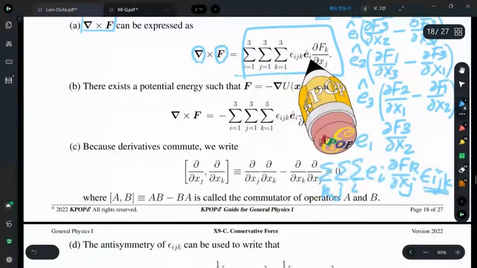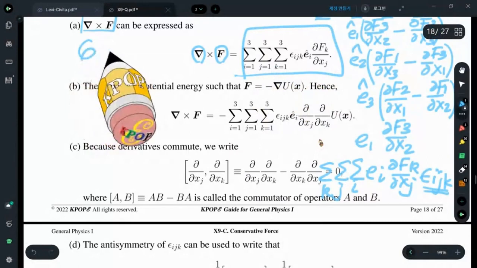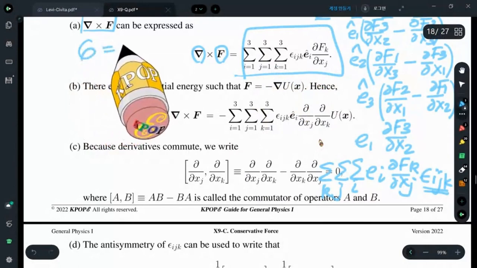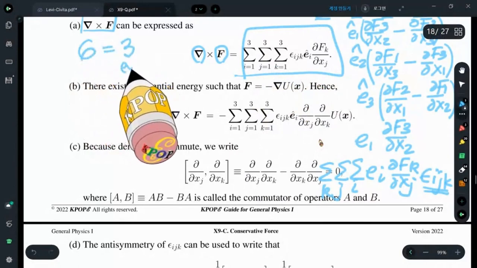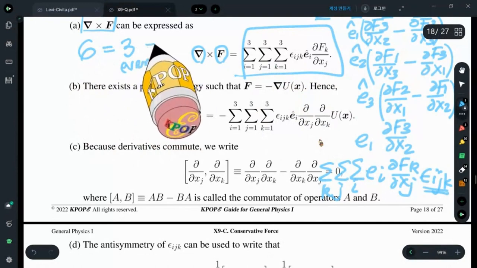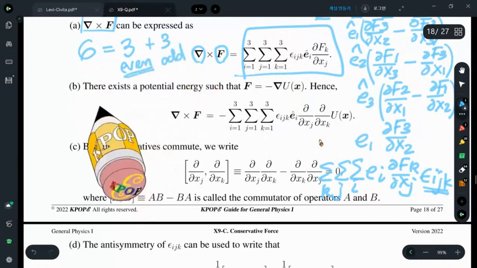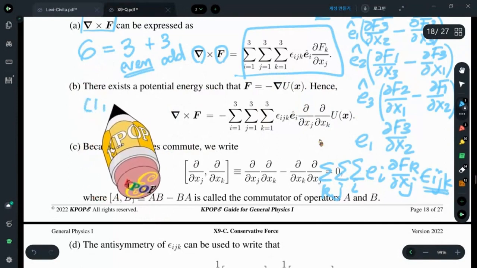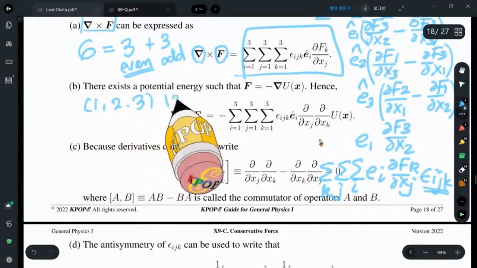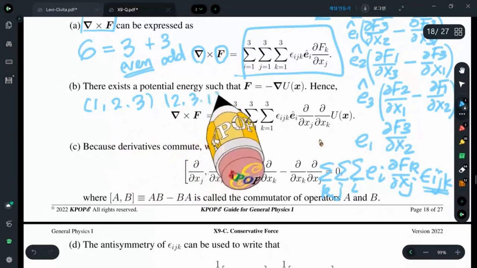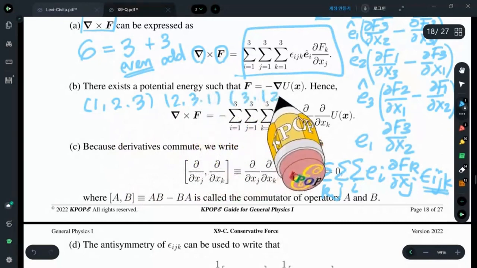So always we have 6 permutations, and 6 permutations consist of 3 even permutations and 3 odd permutations. The 3 even permutations are 1, 2, 3; 2, 3, 1; and 3, 1, 2.